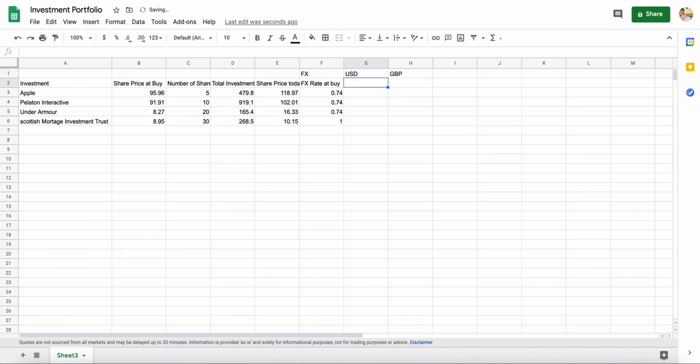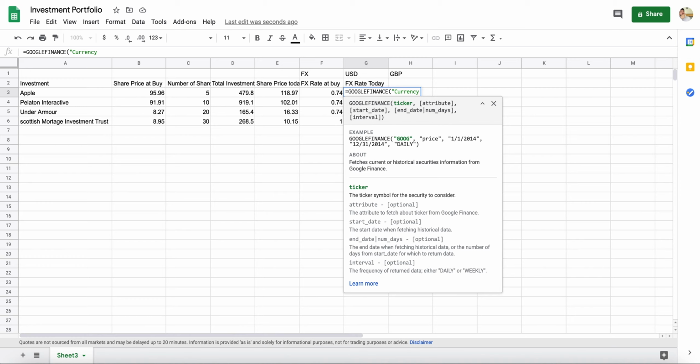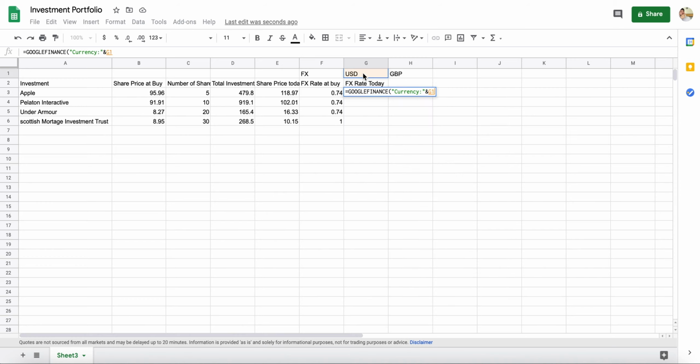Cool. Now we can also look at the FX rate today, and in order to do this, just do Google Finance, do currency, and let's take USD and GBP. Let us also log these cells.